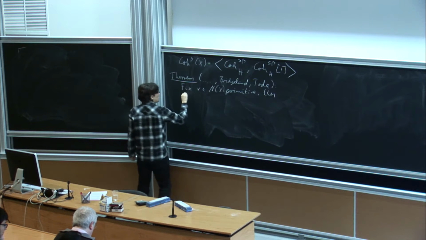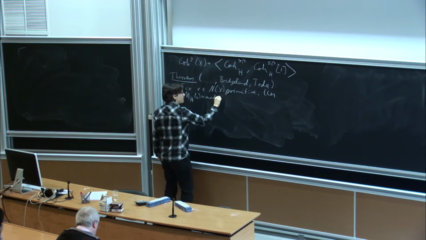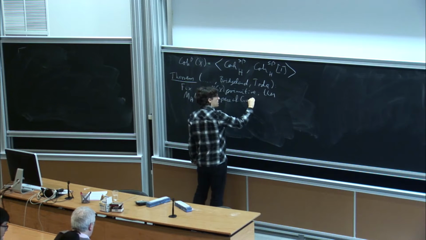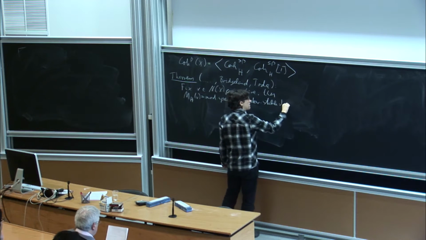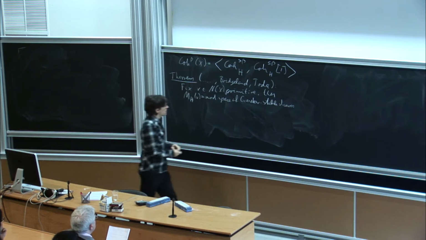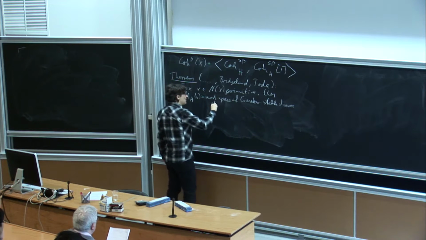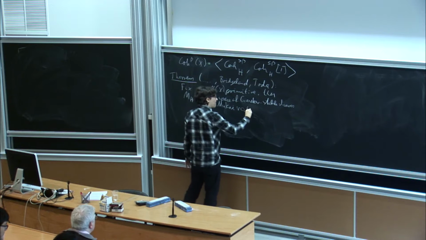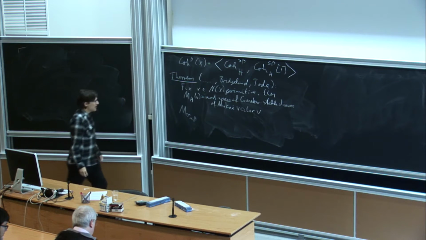Then I have this moduli space of Gieseker-stable sheaves of Mukai vector v. But there's also a moduli space of stable objects.